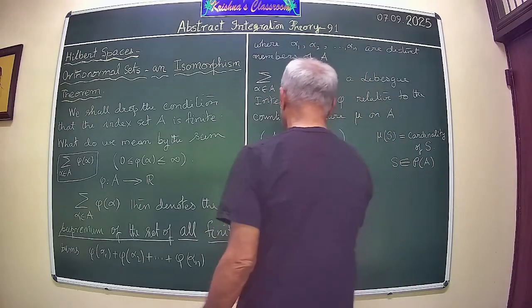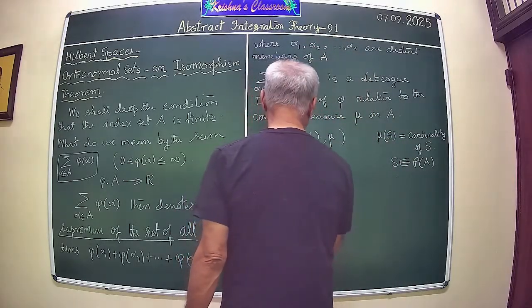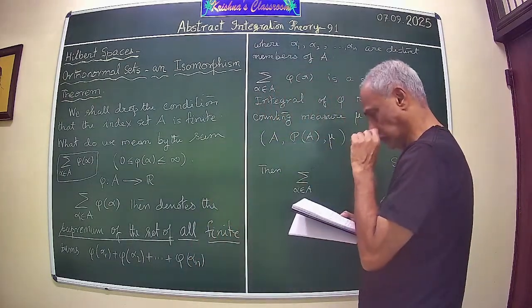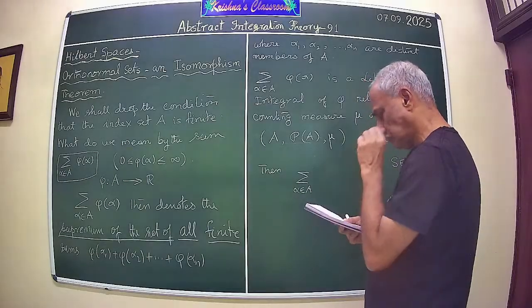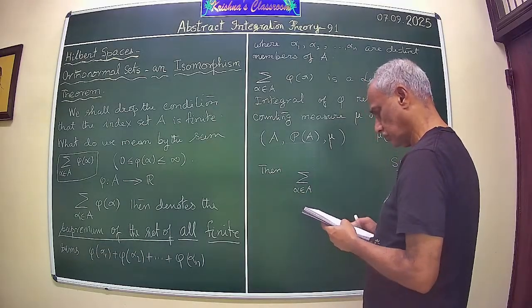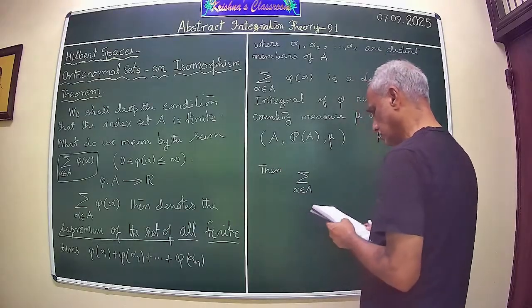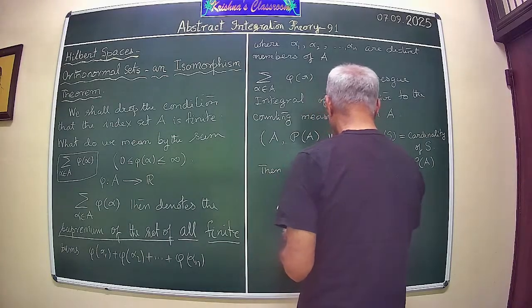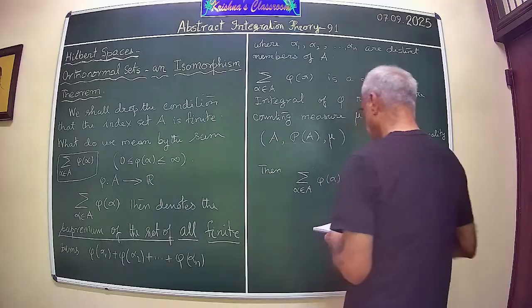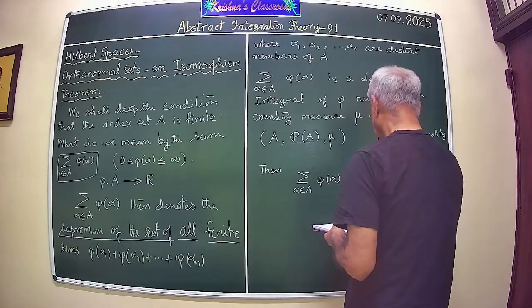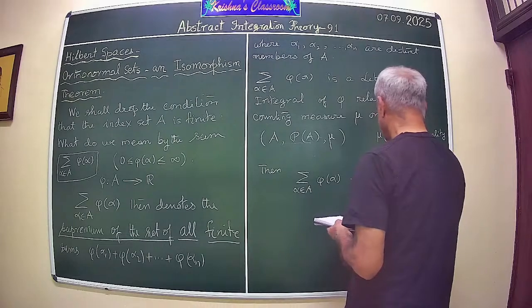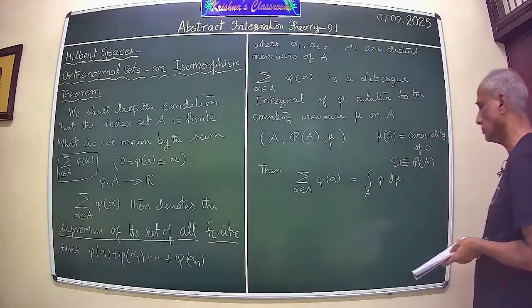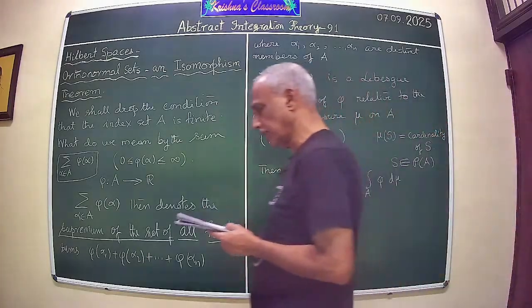Then this becomes the integral over A of phi d mu. Okay, right.